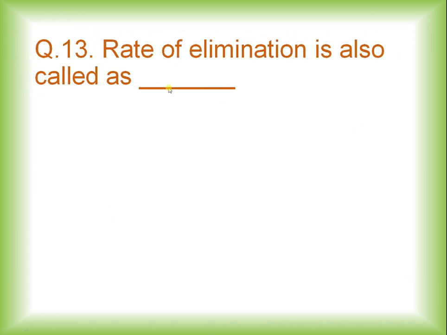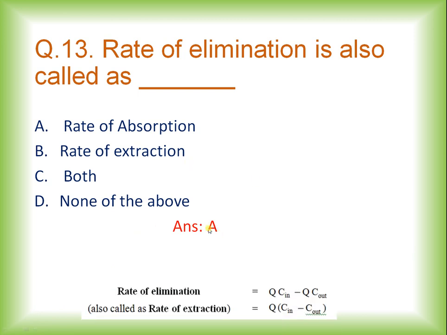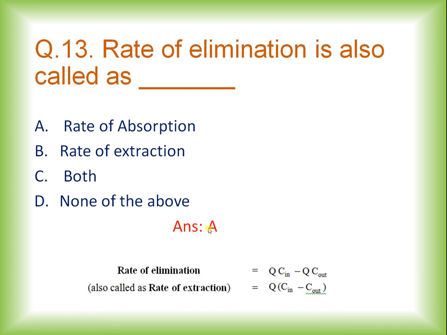Moving towards the next question: rate of elimination is also called rate of absorption, rate of extraction, both, none of the above. And the right answer is, again a mistake is there, the right answer is option B, that is rate of extraction.